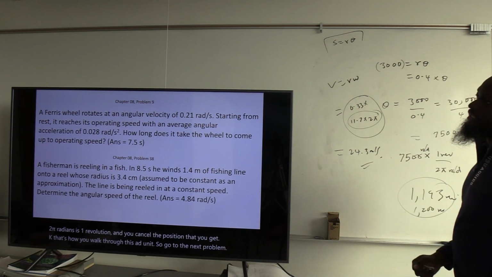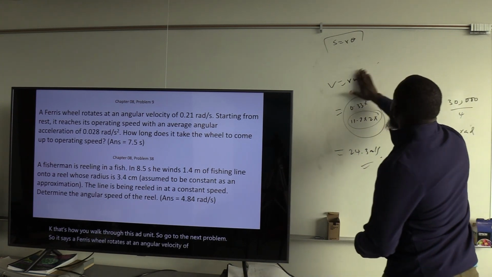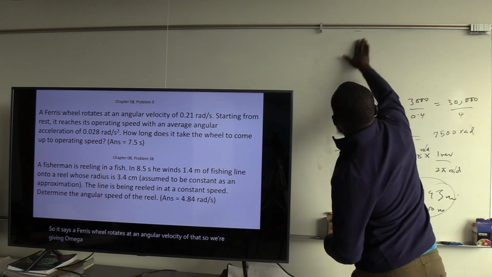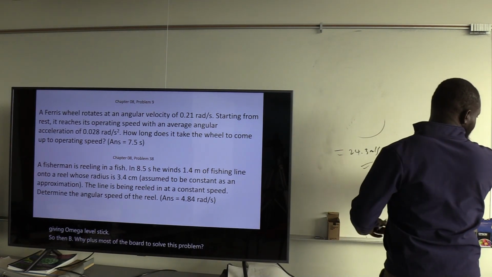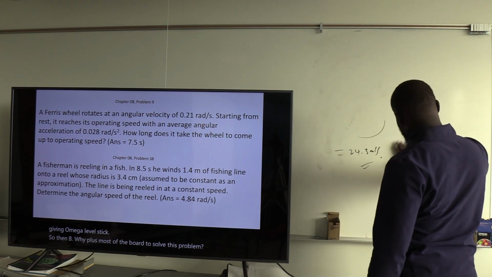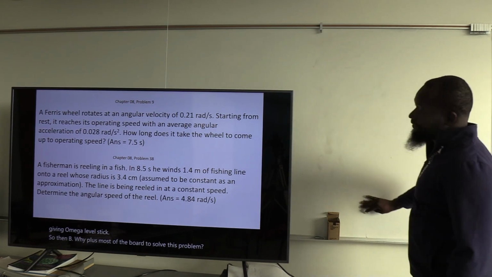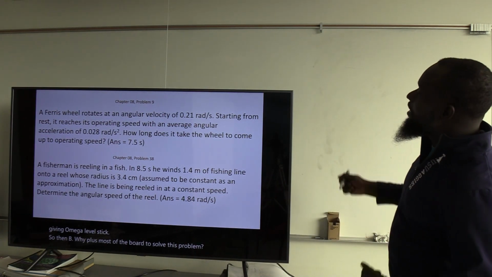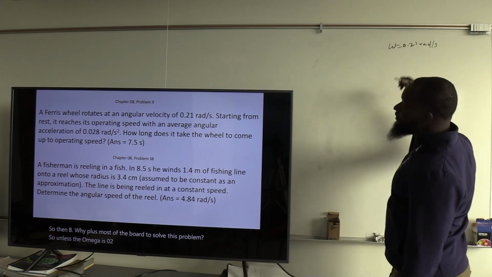It says a Ferris wheel rotates at an angular velocity of that. So we are given omega, angular velocity. Let me wipe off most of the board to solve this problem. So our angular velocity omega is 0.21 radians per second.